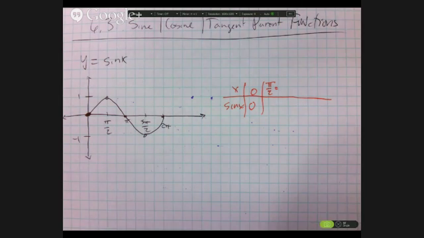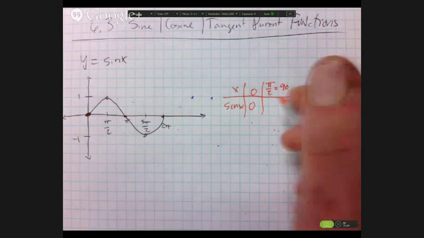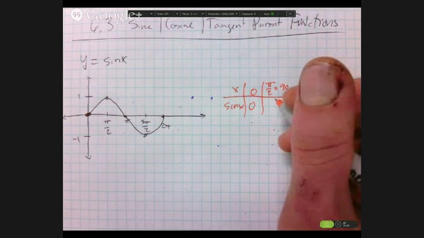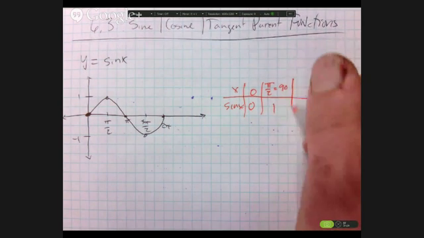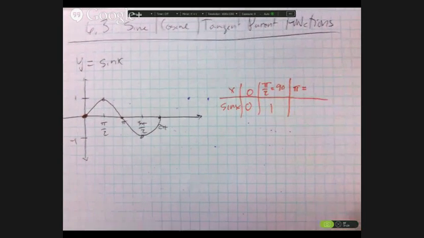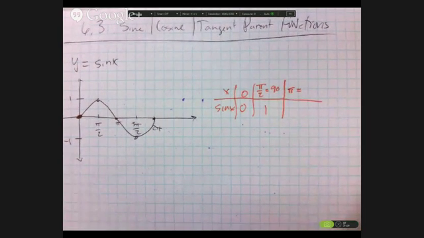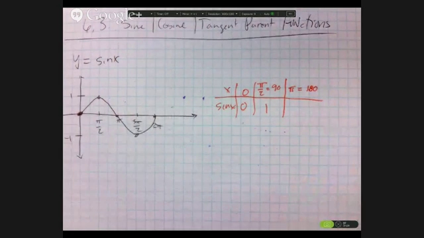90. Okay. So what's the sine of 90? I know you said it. 1. Okay. At pi, what degree measure is that? This one should be automatic. 180. It's halfway around the circle, right?